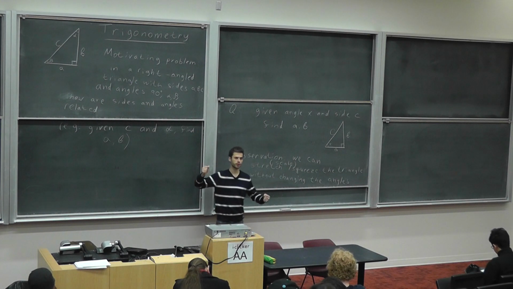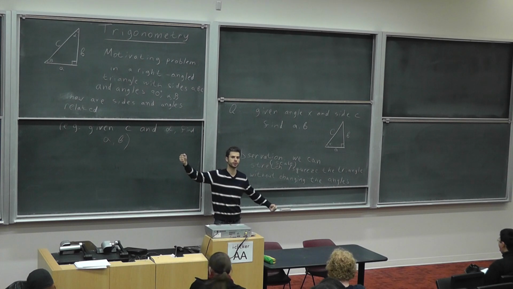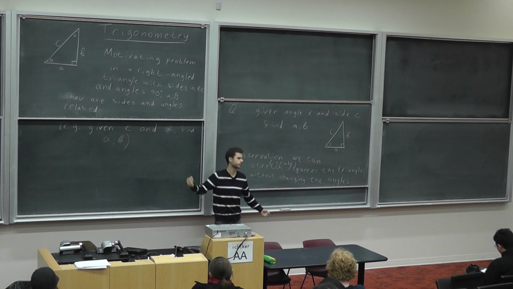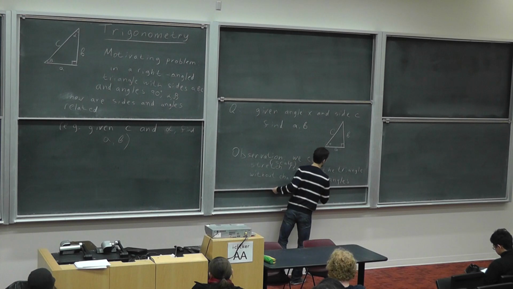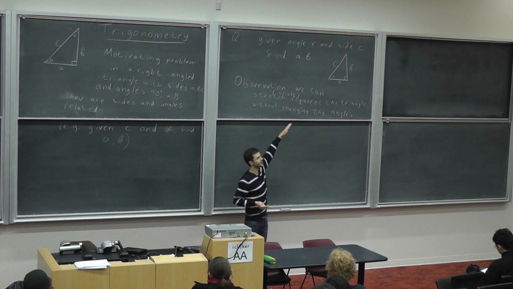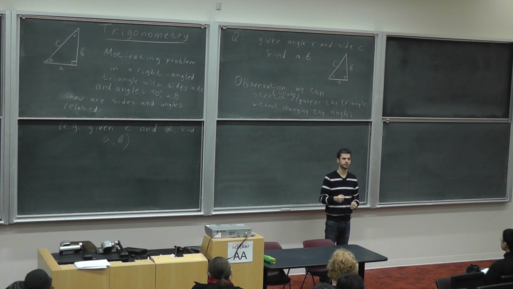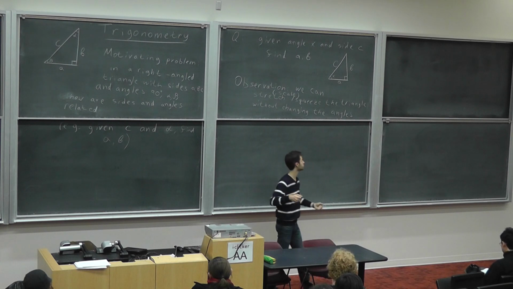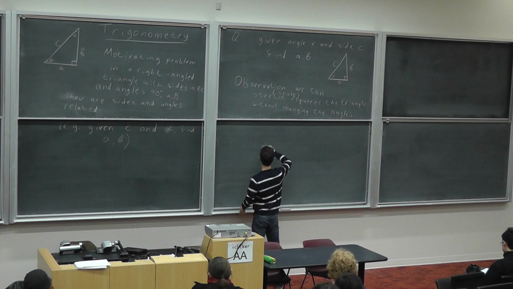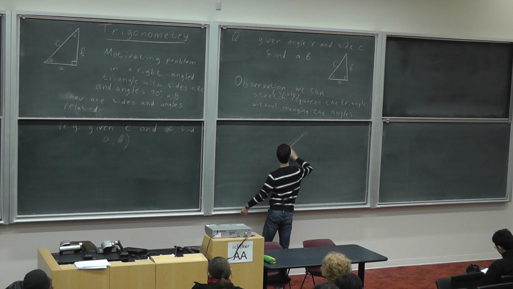So take this triangle and multiply all the lengths, all the proportions by a given number. And one convenient thing to do would be to make this given length C equal to 1. So just measure everything in units of C, in units of this length. So we have a similar problem.